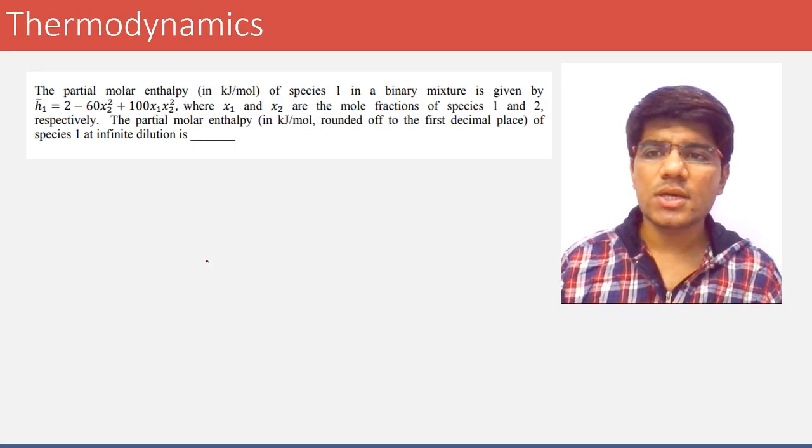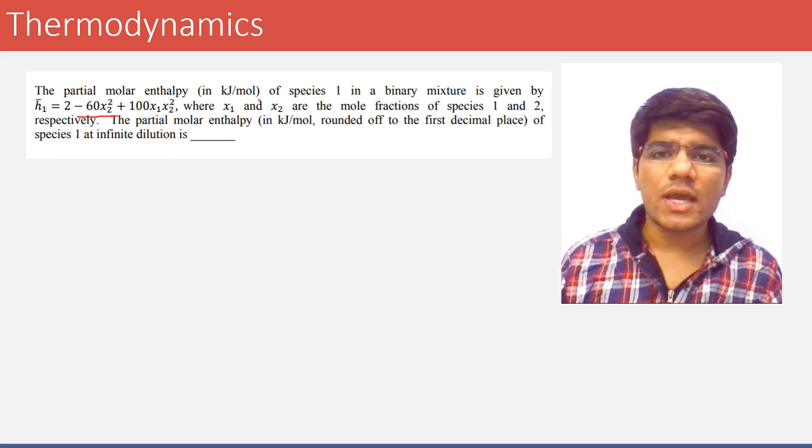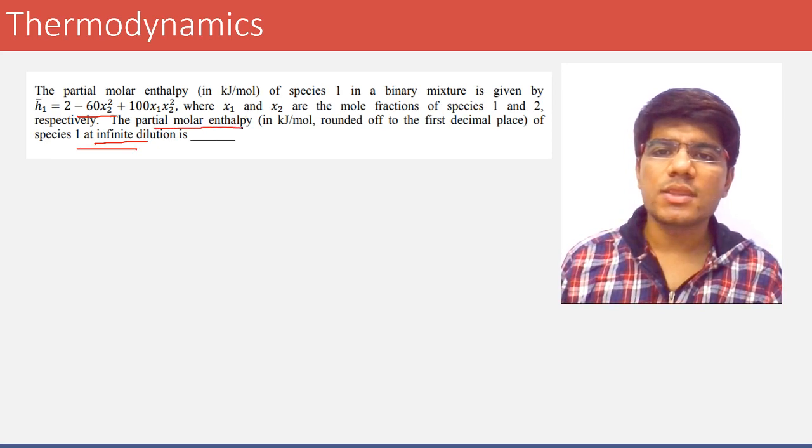Now the next question is: the partial molar enthalpy is given in this form, in which x1 and x2 are the mole fractions of 1 and 2, and we are asked the partial molar enthalpy of species 1 at infinite dilution.